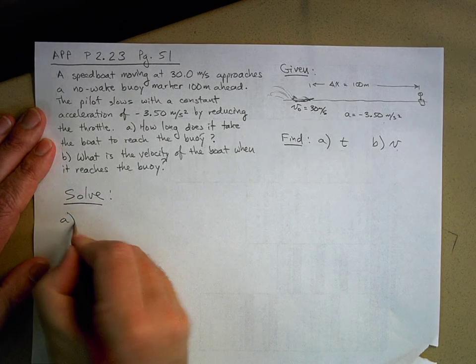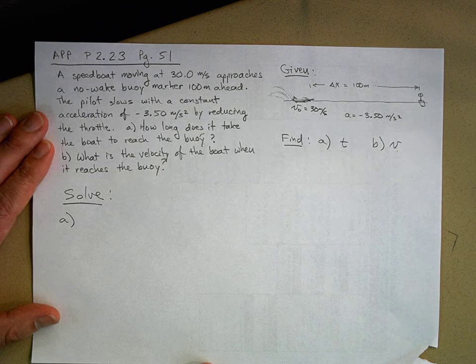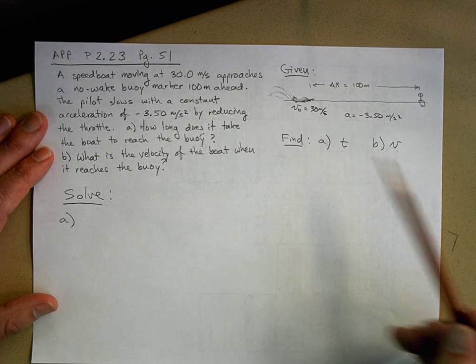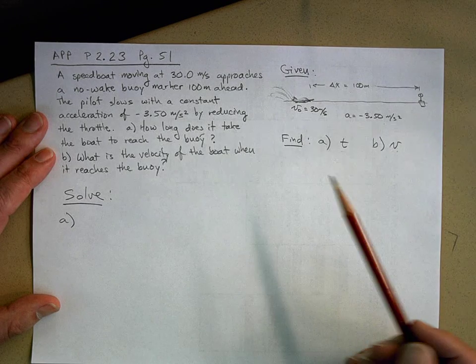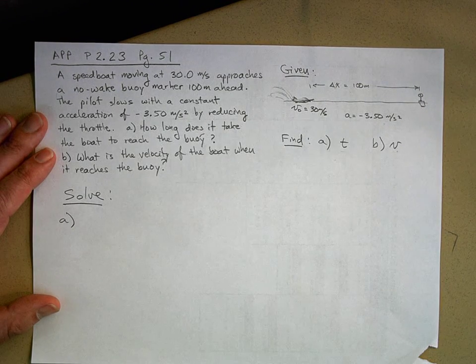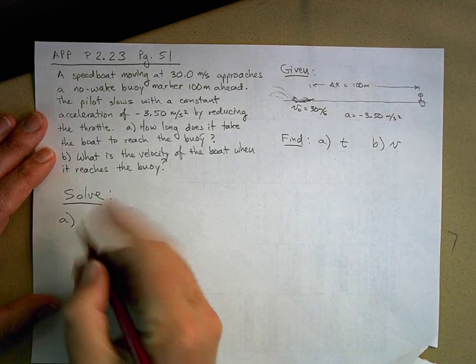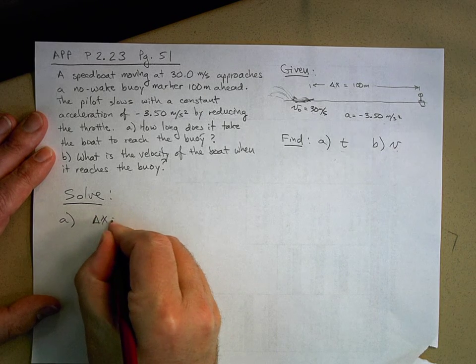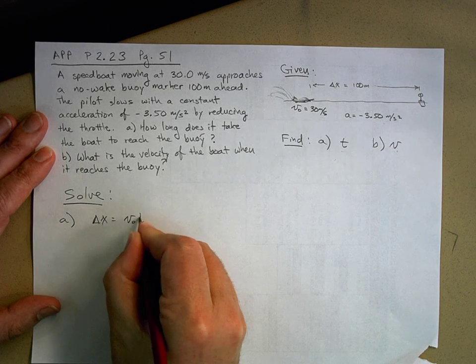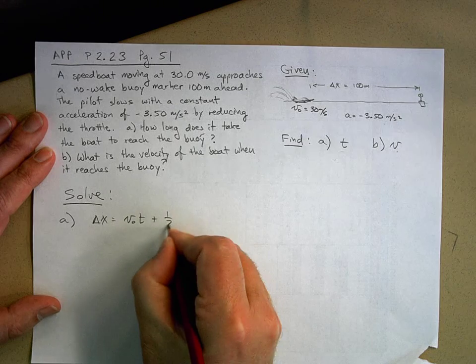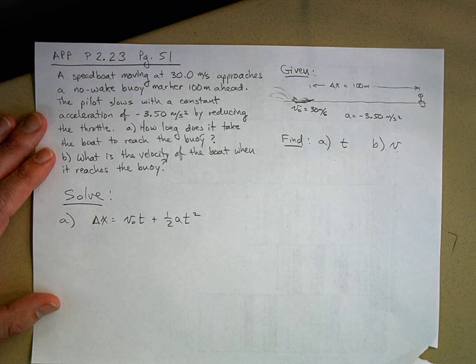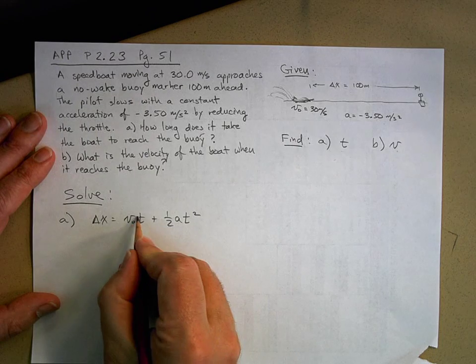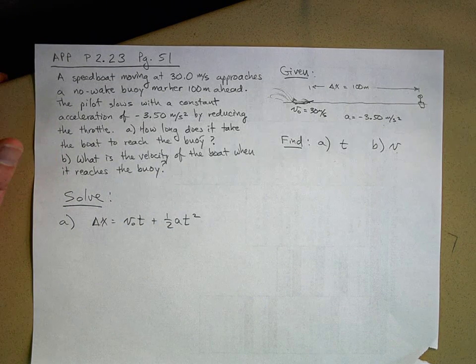So let's solve. For A, what do I not know and not need? That's the final velocity for part A. So which equation does not have final velocity in it? That would be the third one. So you'd say delta x equals v naught t plus 1/2 a t squared. Now, here's the problem with using this equation. It's not really a problem. You can do it.